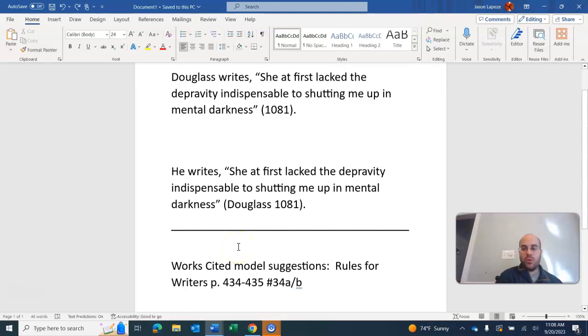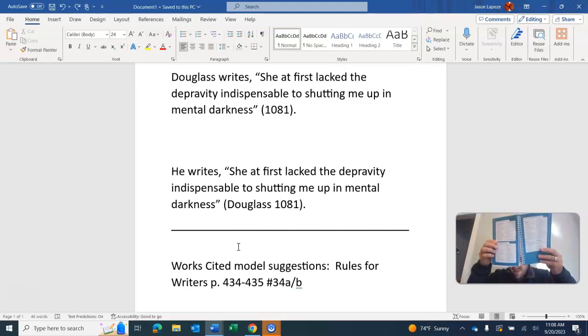In your Rules for Writers book, pages 404 to 405 are basically a list of all the different works cited entry models, ways that you can look at the model, plug in your own information, and generate an entry that you type on your works cited page.